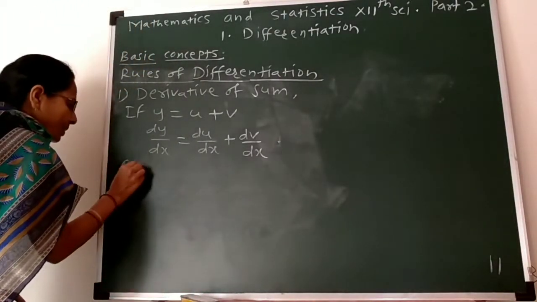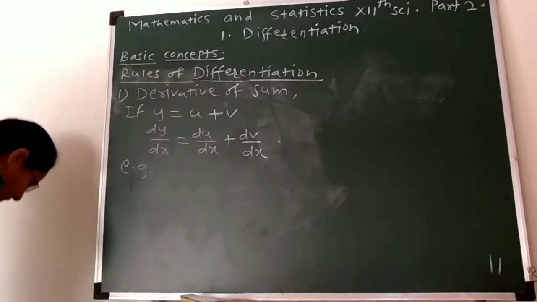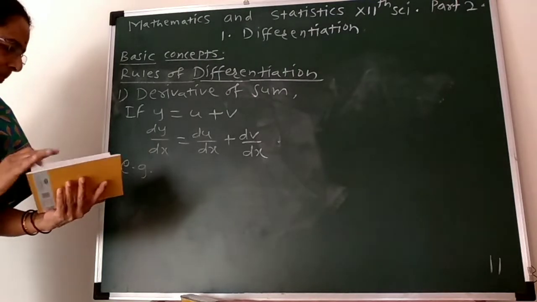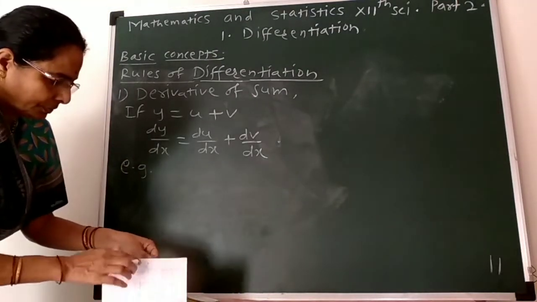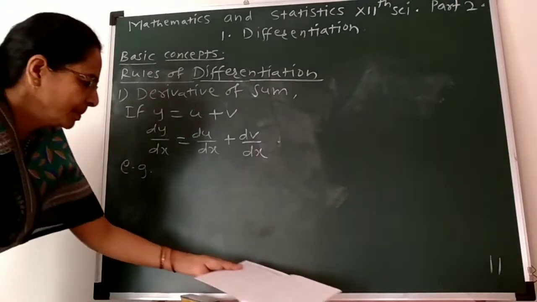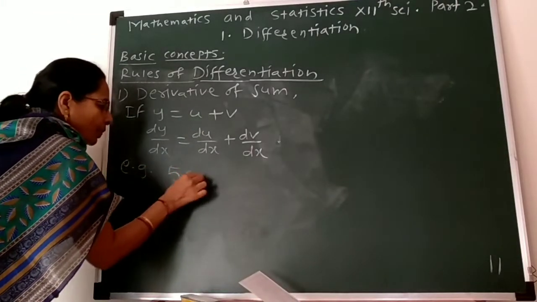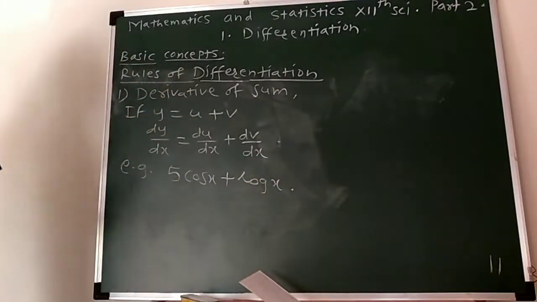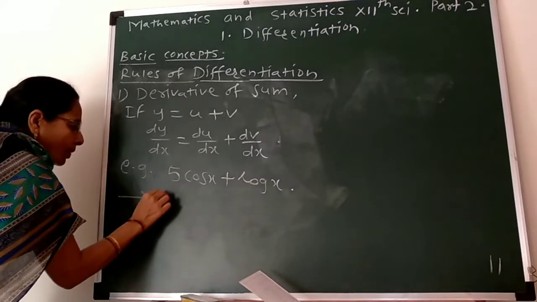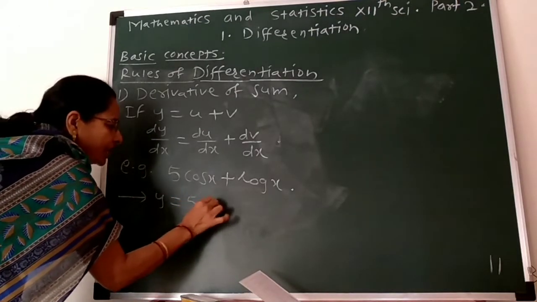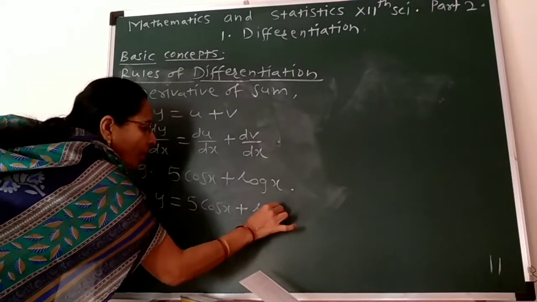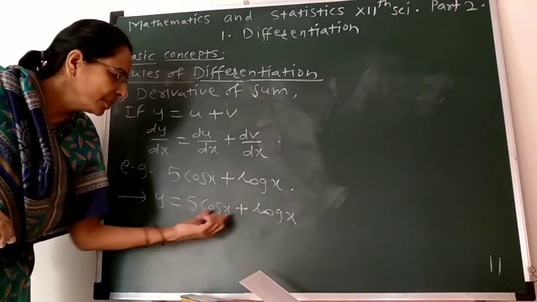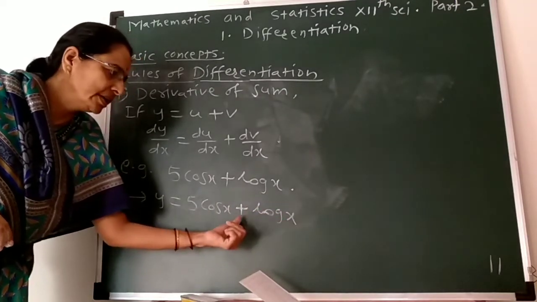For example, 5 cos x plus log x. First take y is equal to 5 cos x plus log x. Then take the derivative of this term and the derivative of that term and take their sum.